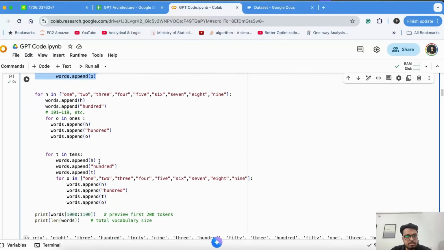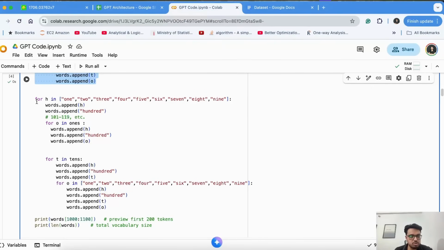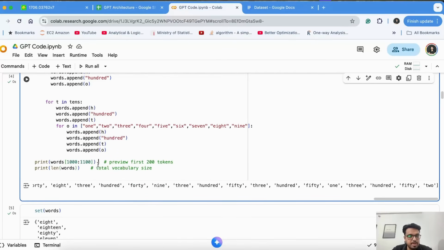And then all the hundreds followed by tens, so 100, 121, 122, and so on, right up till 999. This is where we create our very simple data set.